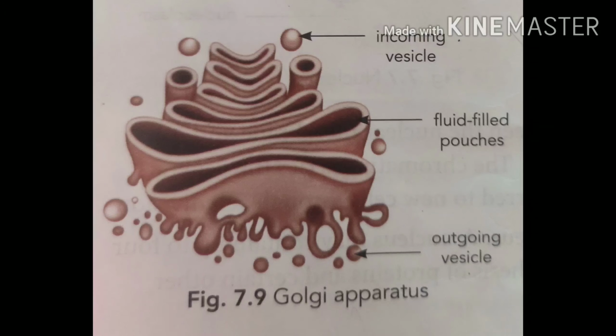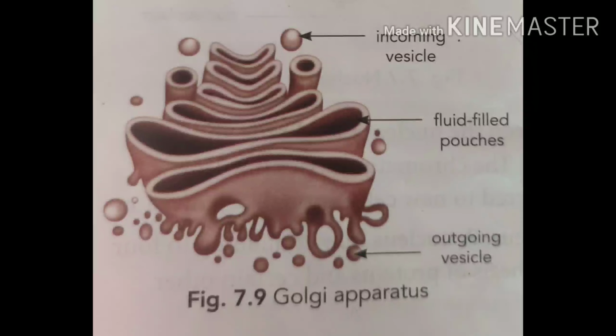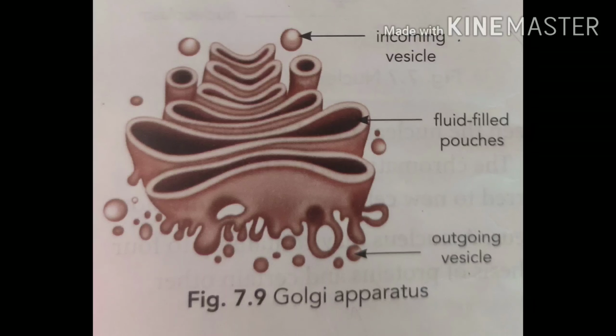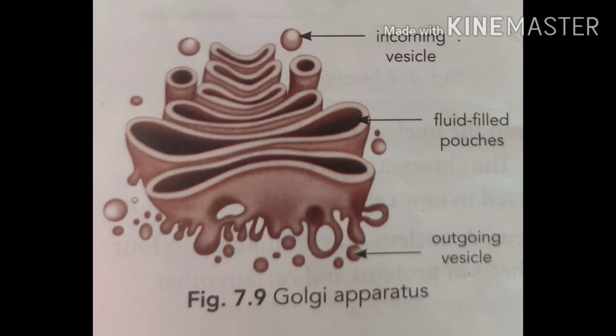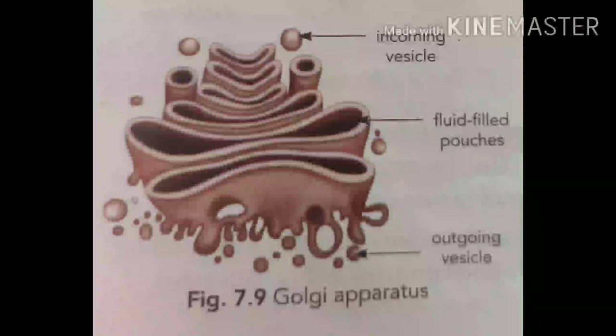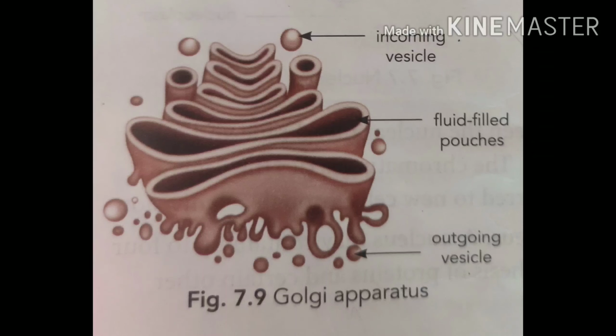Let us move on. Golgi bodies. The organelle consists of membrane-bound, fluid-filled, flattened pouches arranged in a stack along with small vessels. The Golgi apparatus receives proteins and lipids and then processes, modifies, and packs the substances to be passed on to other parts of the cell.